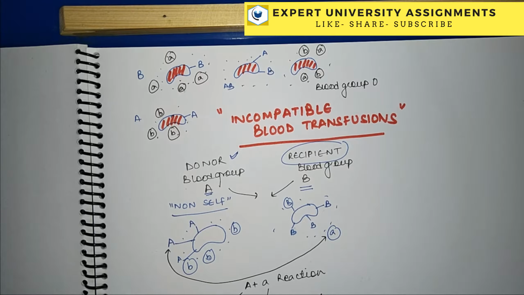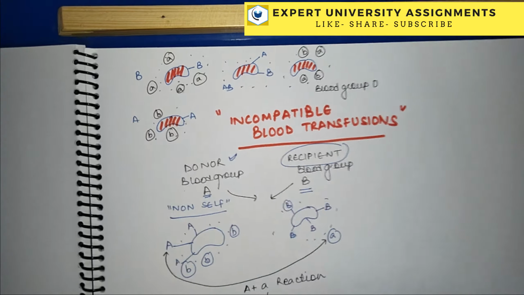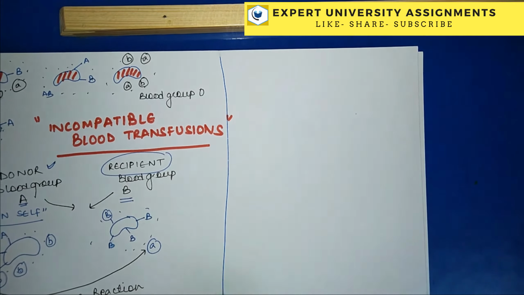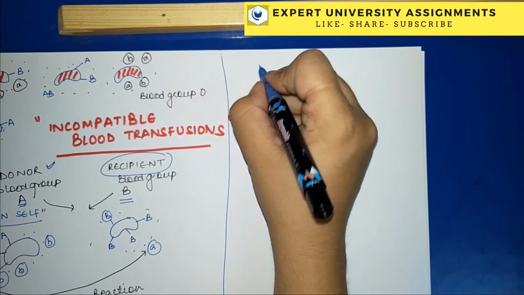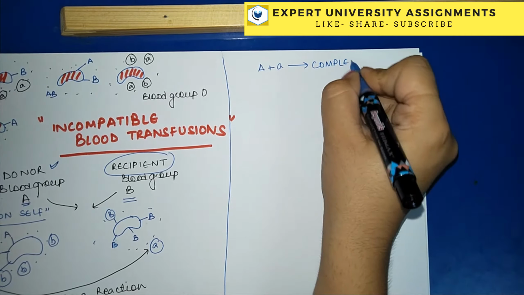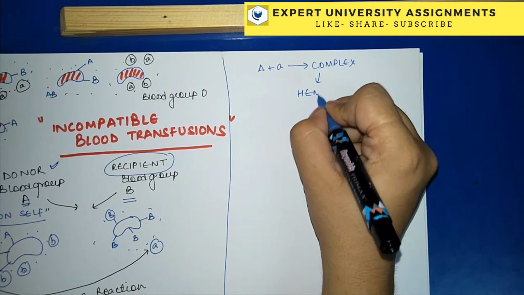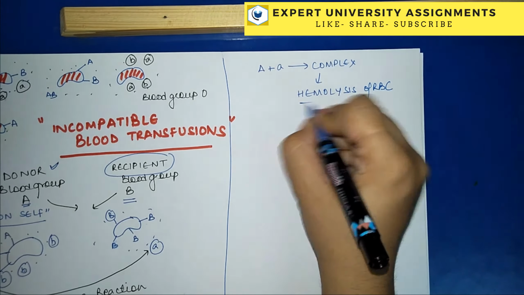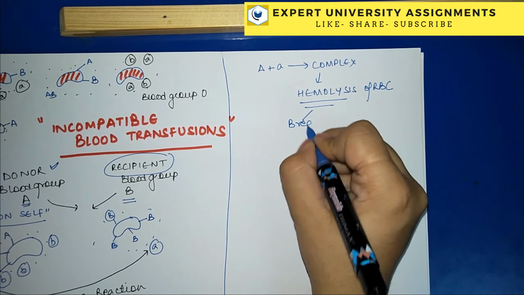So now they react and start forming a complex which basically causes hemolysis of RBC. Hemolysis means the breaking down.